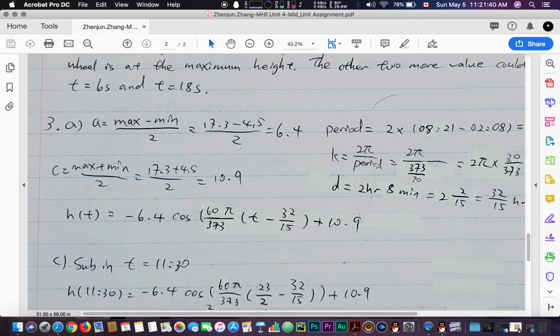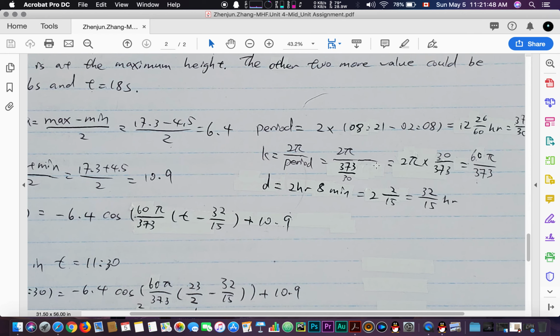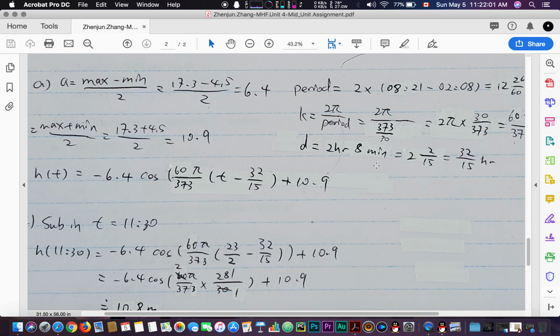So the c is maximum plus minimum divided by 2, which is 17.3 plus 4.5 divided by 2, which is 10.9. And the d is 2 hours and 8 minutes. What is that 2 hours and 8 minutes? That is 32 over 15 hours, if we use that form.